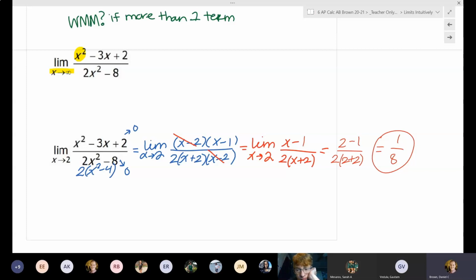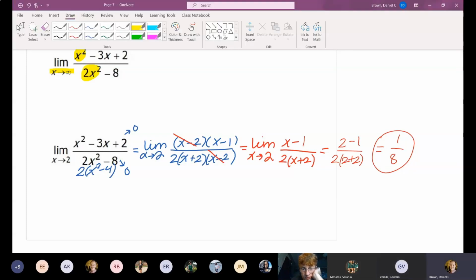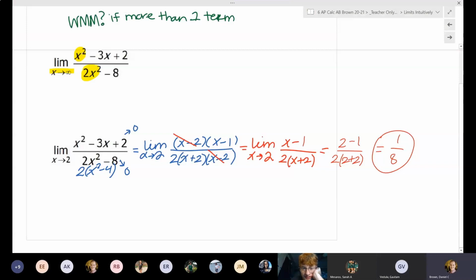Looking in that denominator, what would you say matters most? The 2x squared, right? That minus 8 doesn't matter at infinity. And so what happens with what matters most is we can simplify the problem using what we call an end behavior model, which basically states that at infinity, if I just look at the most important parts of it, that's all I need to focus on.